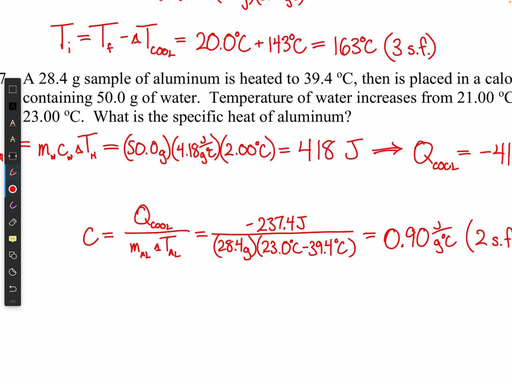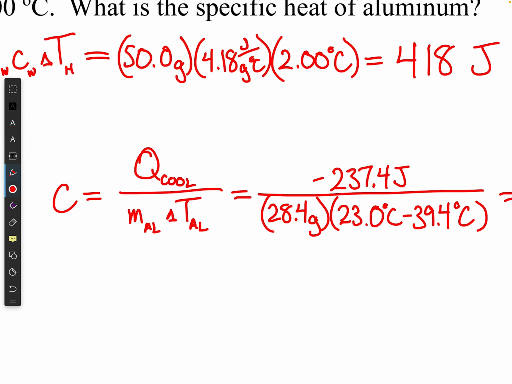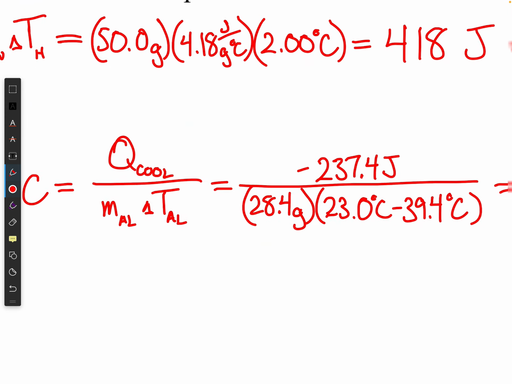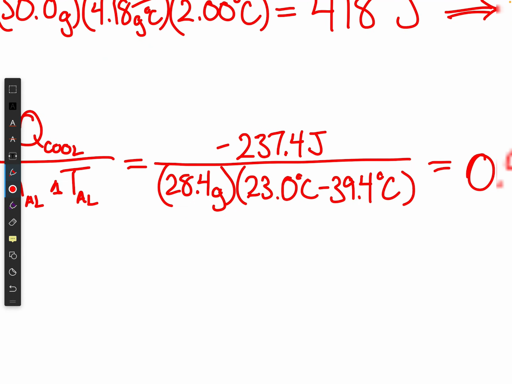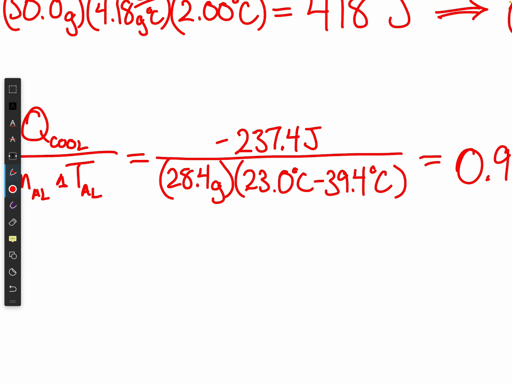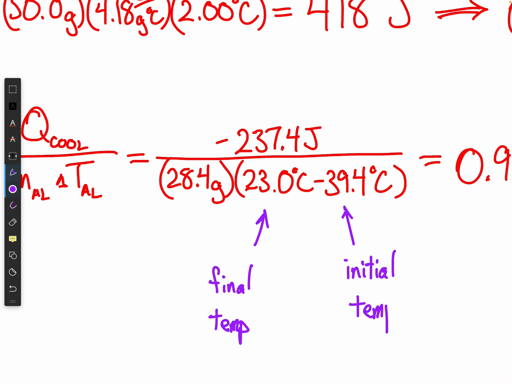Okay, to find the specific heat capacity of aluminium, we use this equation, and we plug in our values, and we remember that our temperature change is given by final temperature minus the initial temperature. And the initial temperature here is going to be the larger value. So if our object was being heated up, that would be the opposite.